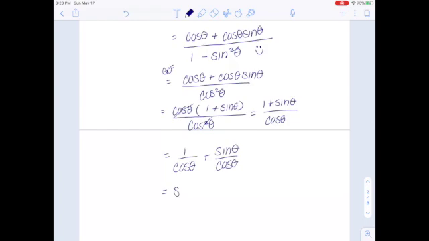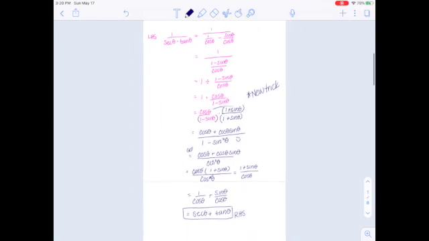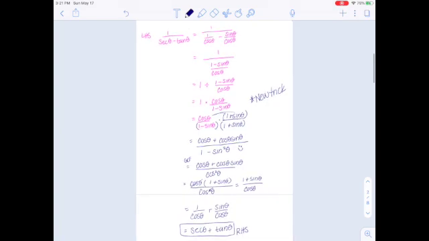All right, and that gives us secant theta plus tangent of theta. And that is our full right-hand side. All right, so our nice little proof story. Whew, it's kind of a long one, sorry. You've got your left-hand side connects and is equal to our right-hand side.